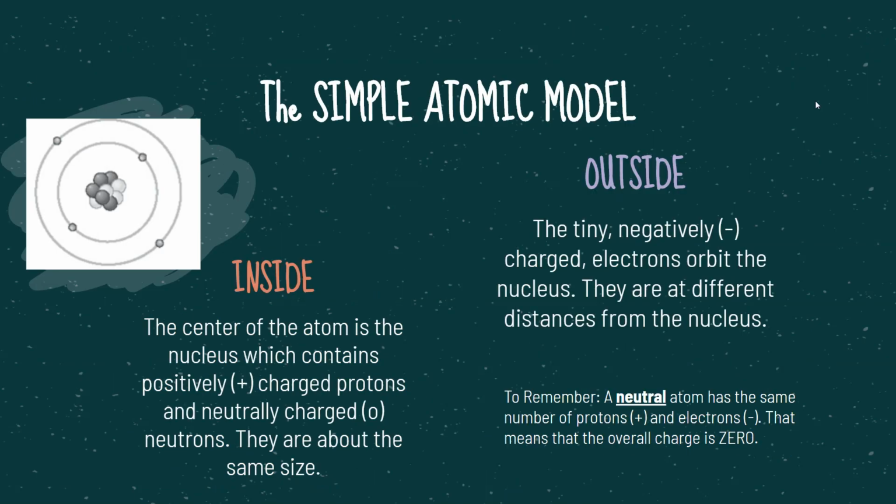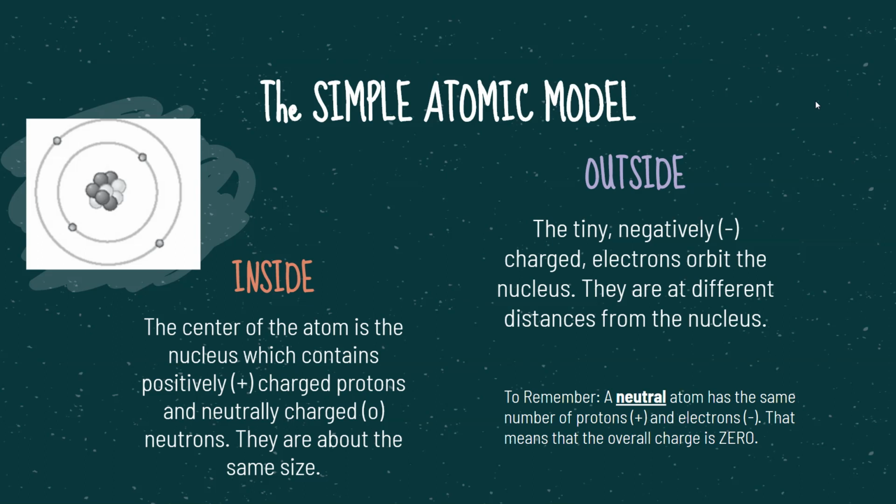Okay, what you see here, this is called the simple atomic model. This simple atomic model shows us that we have protons and neutrons inside of that nucleus. You'll see them represented with different colors here. And then on the outside, you will see electrons.